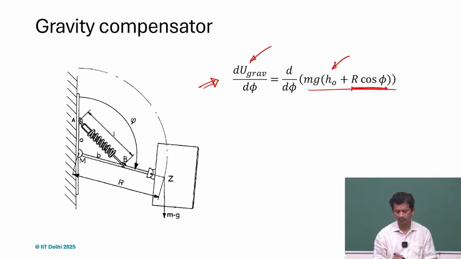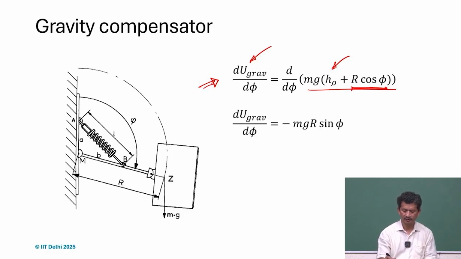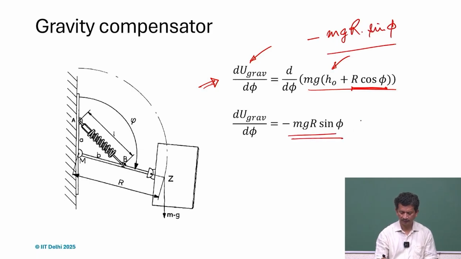This is the variable term. The constant terms m, g and r come out, and the derivative of cos phi is minus sin phi. So the first derivative will give us this value, minus mgr sin phi.